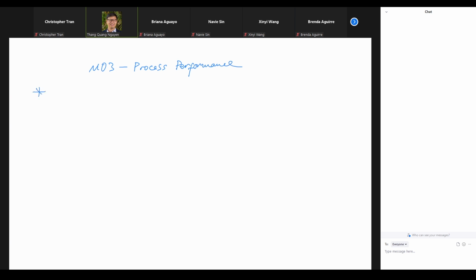Let me remind you that last time we already talked about the overview of process performance, in which we talk about the three fundamental metrics: inventory, flow time, and flow rate. And today we move on to the next big topic, the Little's Law.